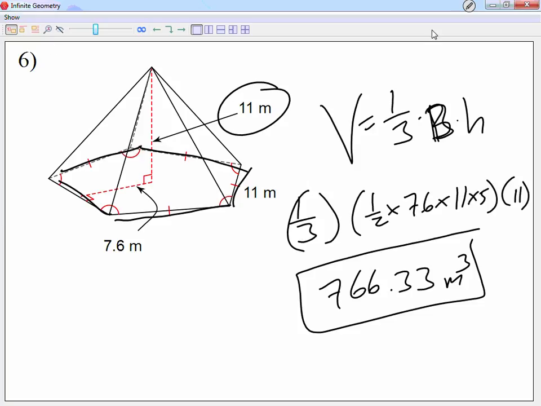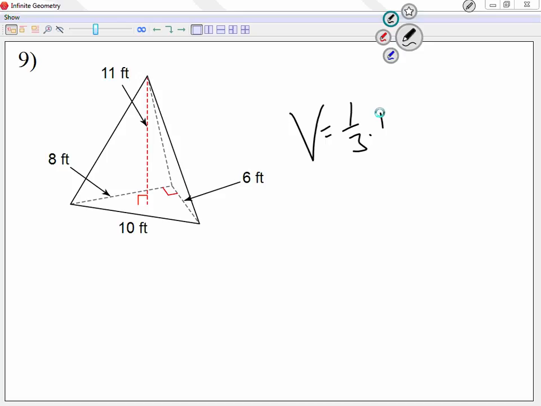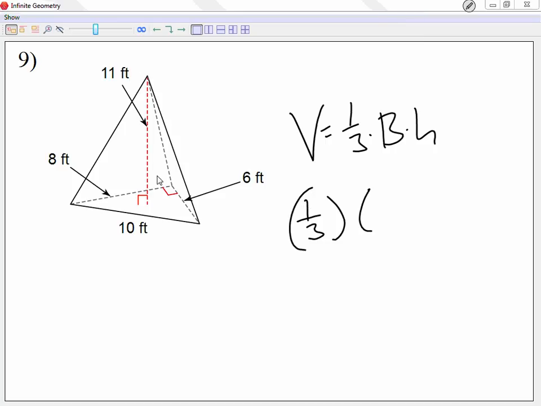Number 9. Let's take a look at 9. Volume, remember, is 1/3 times the area of the base times the height. So 1/3 is just 1/3. The base is a triangle where the two numbers across the 90 degrees are 8 and 6. So I'm going to go 1/2 times 8 times 6. That gives me the triangle. Remember, triangles have a half. The triangles have the half because it's half of a rectangle.